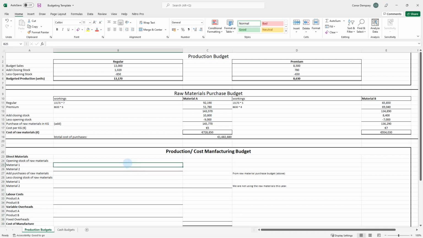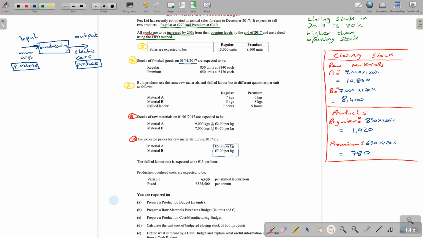Okay. Now, opening stock of raw material. So raw material 1. We know that we have opening stock of 9,000. So this is going to be 9,000 multiplied by the cost of raw materials for opening stock, 290.